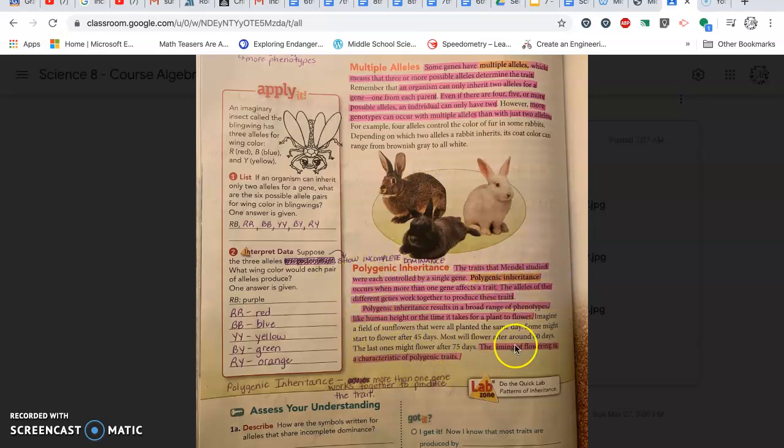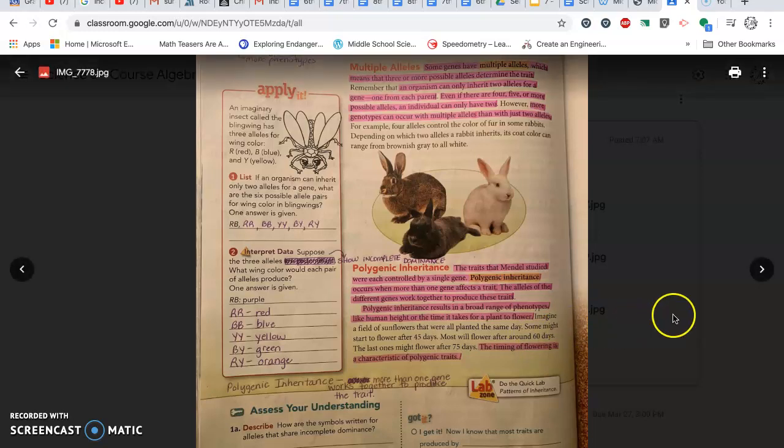You have these sunflowers planted, and in general, they're going to flower around 60 days. But because multiple genes are being used to determine how long it's going to take to flower, some might flower as early as 45 days. Other ones may take 75 days. There's a range.